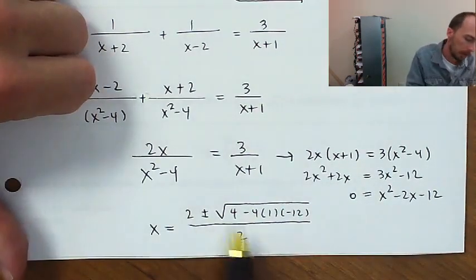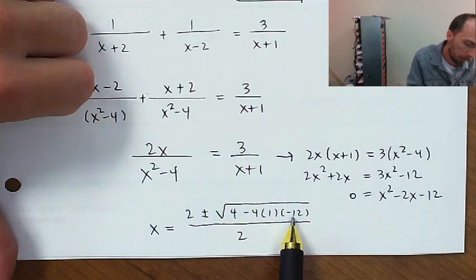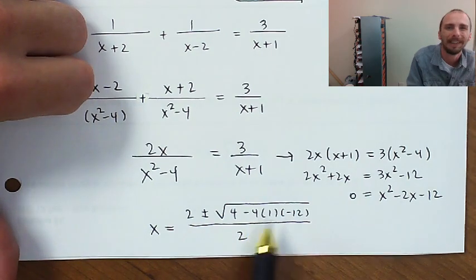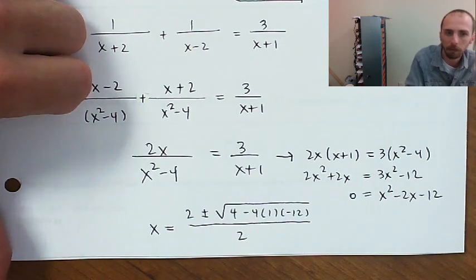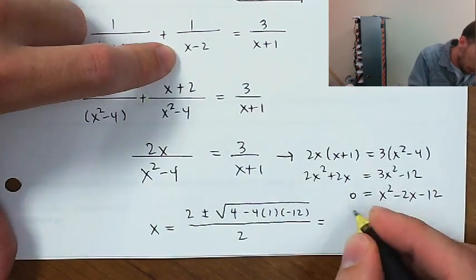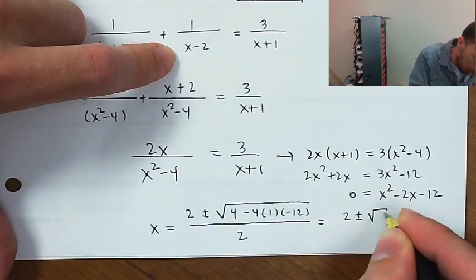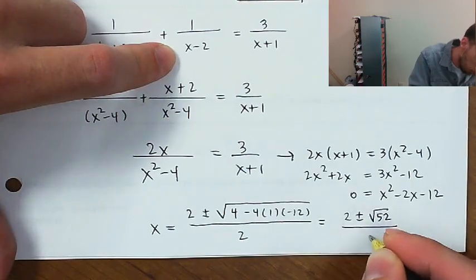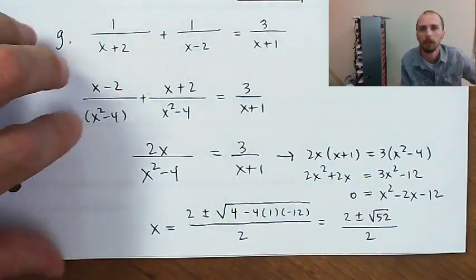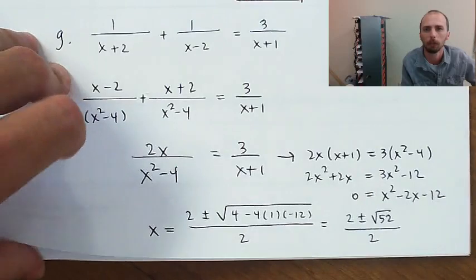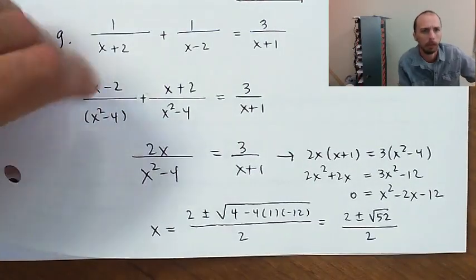Okay, so this is going to be 4 plus 48 is 52. That can be simplified into radical form, but I think for our purposes here, 2 plus or minus the square root of 52 divided by 2 is going to be just fine. I think you can call that 1 plus or minus the square root of 13. But if you want to do that, be my guest.